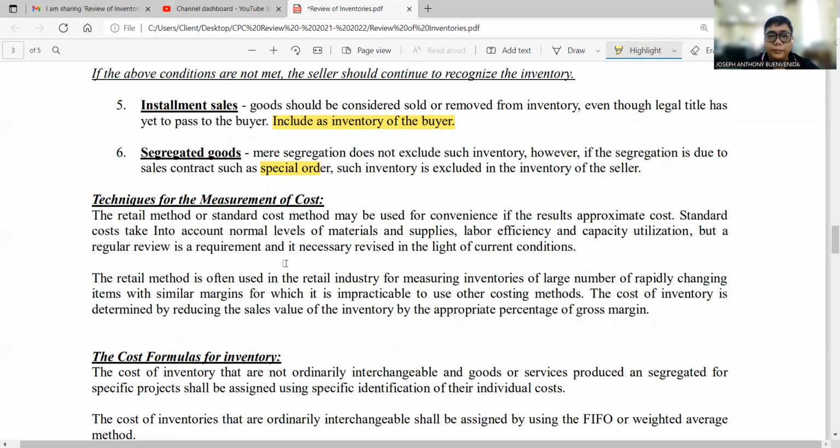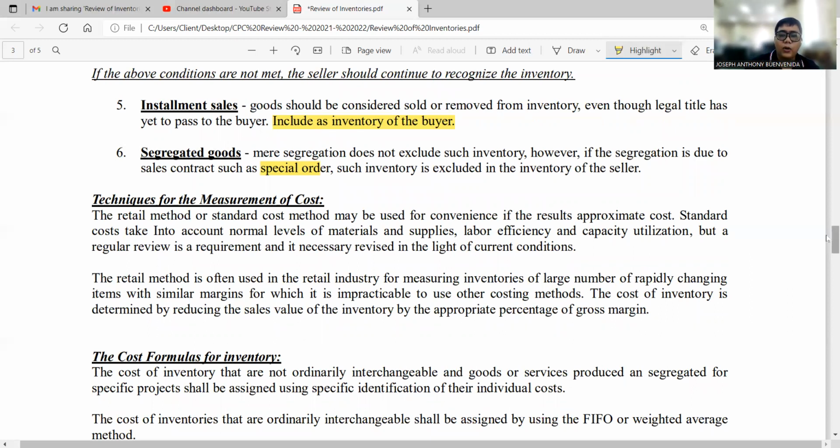The retail method is often used in the retail industry for measuring inventories of a large number of rapidly changing items with similar margins, for which it is impracticable to use other costing methods. The cost of inventory is determined by reducing the sale value of the inventory by the appropriate percentage of gross margin.